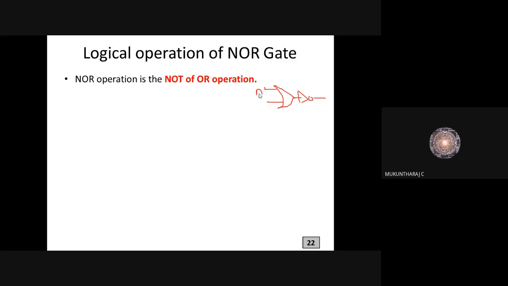So this is my input A, this is my input B, and this is my output C. OR gate followed by a NOT operation, or you can say NOT of OR operation. The combination of these two gates gives a NOR gate.